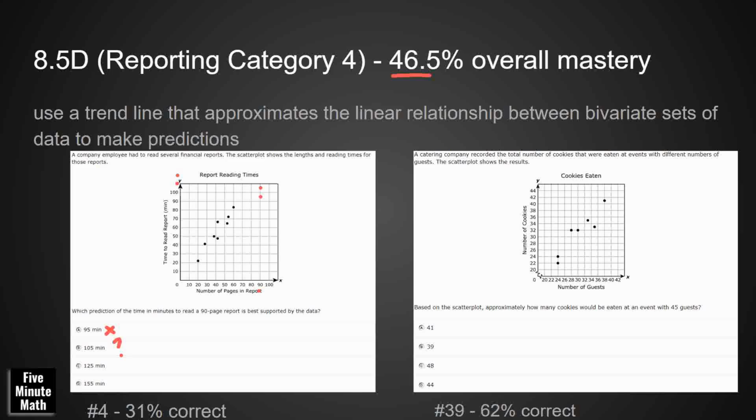Maybe that's 120, so maybe 125, but now we're just guesstimating. That looks pretty good. Now I'm thinking 155, if that's 100, 110, 120, 130, 140, 150. Okay, so I think we could say 155 is off. So this one looks pretty good, that 125.